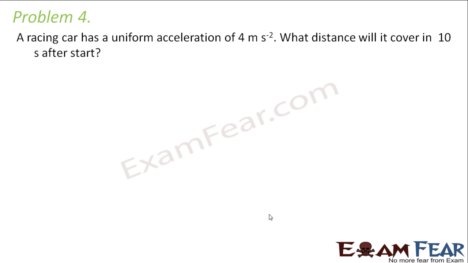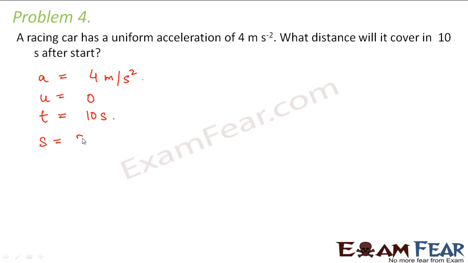Here comes problem 4. It says that a racing car has a uniform acceleration of 4 meter per second square. What distance will it cover in 10 seconds after the start? Here also it is starting, so u will be equal to 0. Time is equal to 10 seconds. We have to calculate the distance covered, that is s.